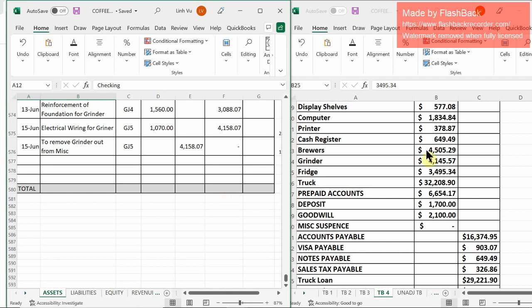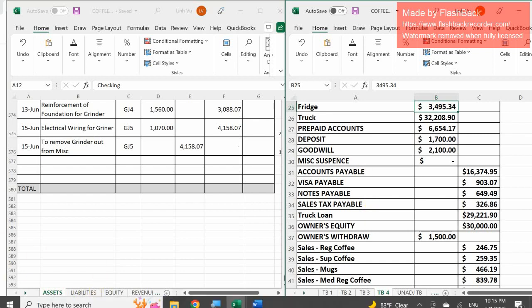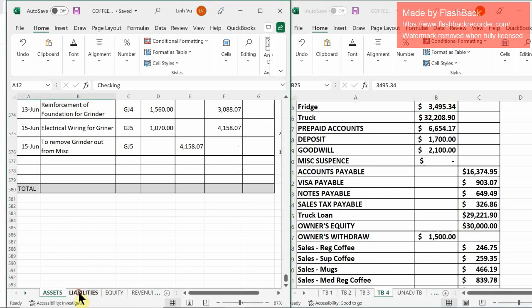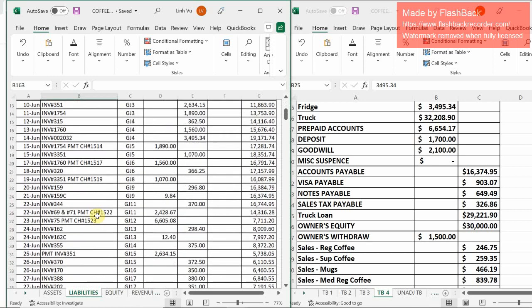So in this case, we can now move on to my liabilities. So my liabilities, I actually have a lot that I have to add in here because we ended up dabbling into payroll liabilities. So let's go ahead and go through this one at a time. What is my accounts payable account?